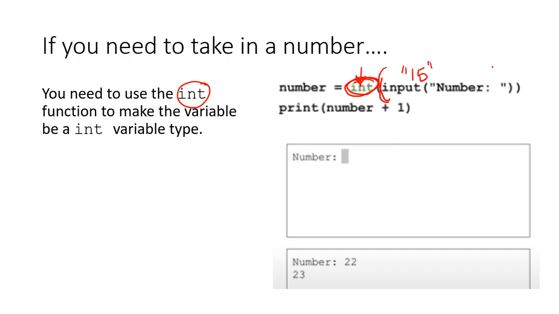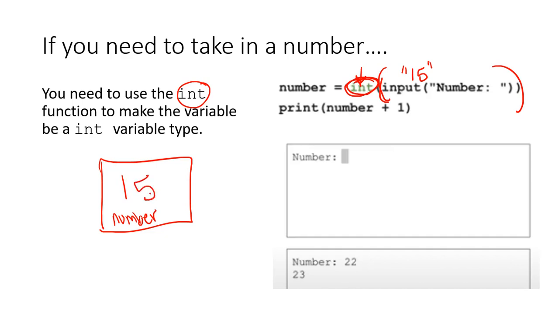And then I'm going to int that 15, aka make it a number. So number will become a type of int, and it will actually have the number 15 stored in it, not the string version of 15.